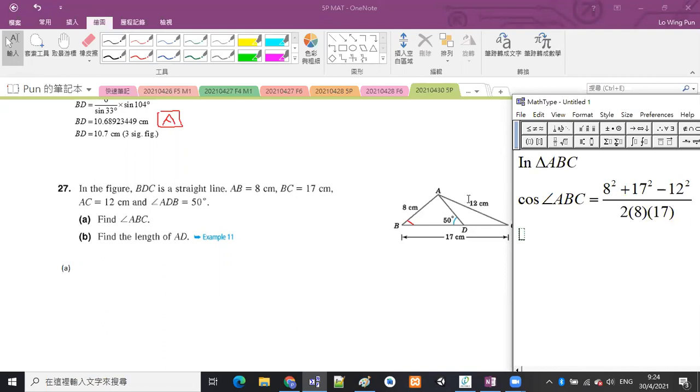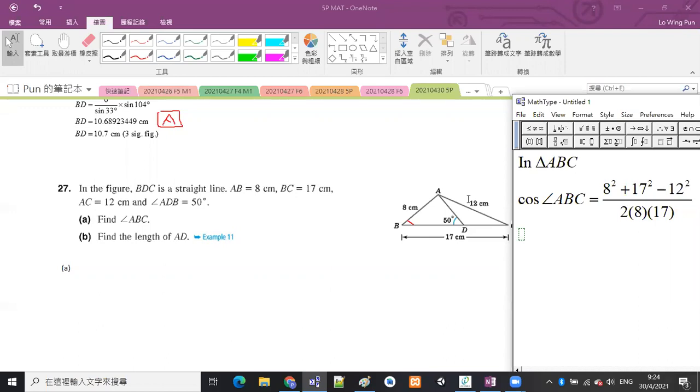Okay? So the right-hand side is a pure number, so you may use the calculator at this step. 8 squared plus 17 squared minus 12 squared, enter. And then divided by bracket, 2 times 8 times 17, enter. And then shift cosine, answer, enter.